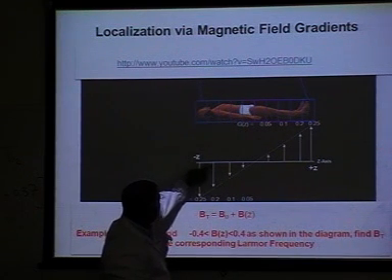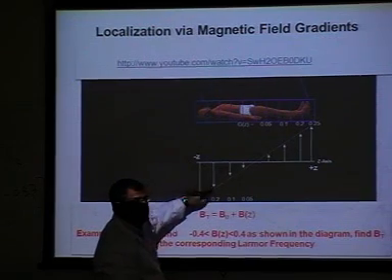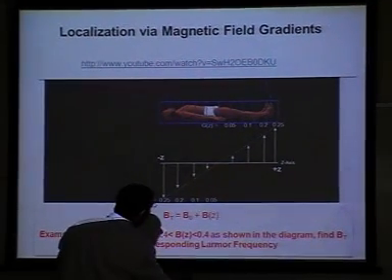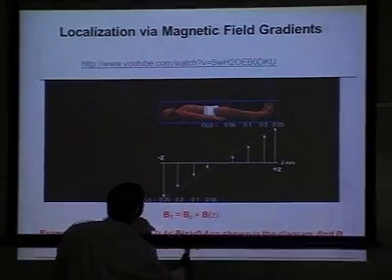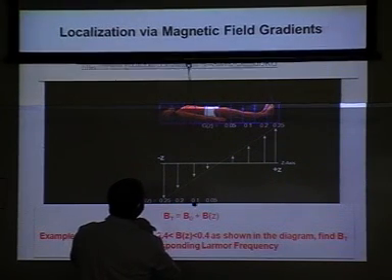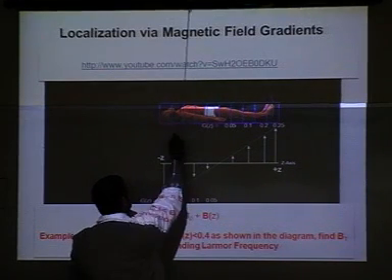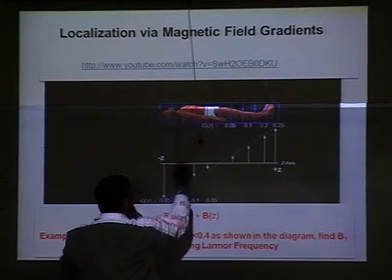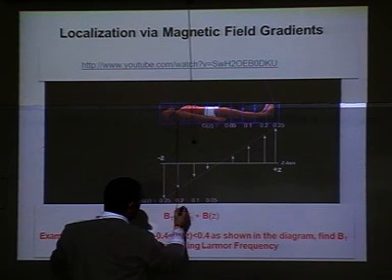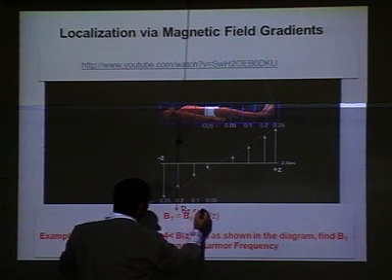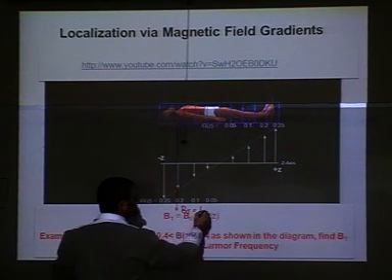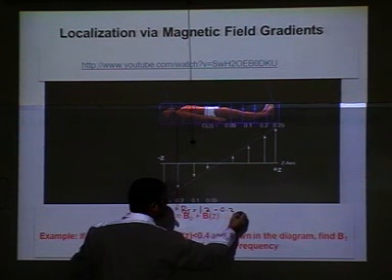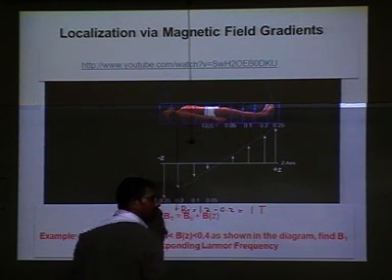In this region here it will be 1.2 minus 0.2. So if I am interested in imaging this side, then my B total will be equal to 1.2 minus 0.2, which is equal to 1 Tesla.